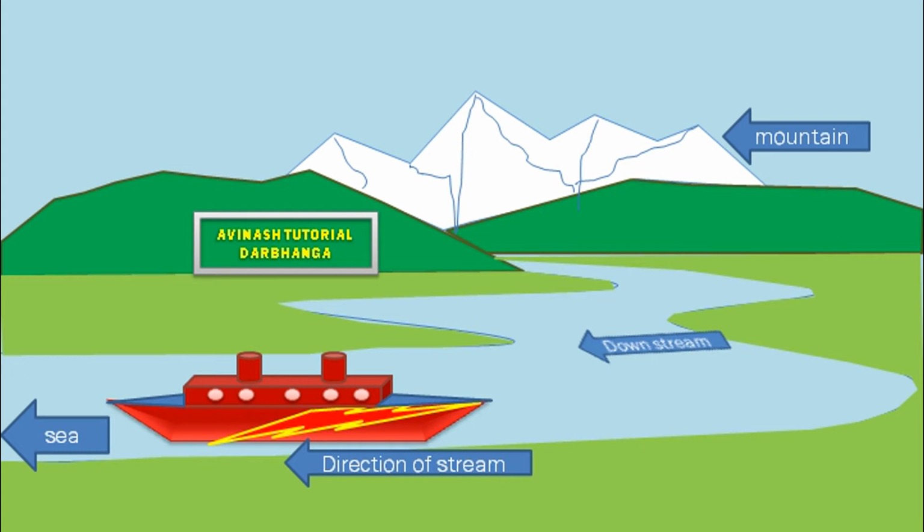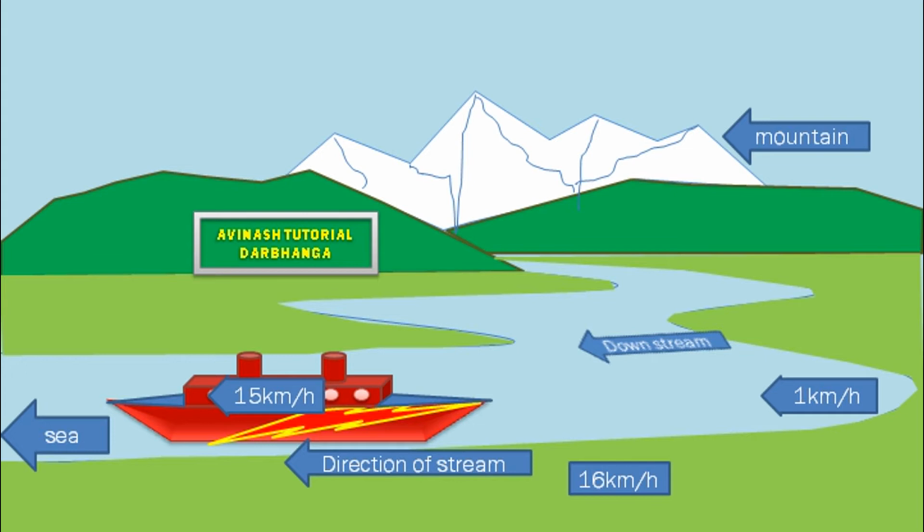Suppose the speed of the steamer in still water be 15 km per hour and the speed of the flowing water be 1 km per hour, or you can say the speed of the stream be 1 km per hour. What will be the resultant speed? The resultant speed will be 16 km per hour.